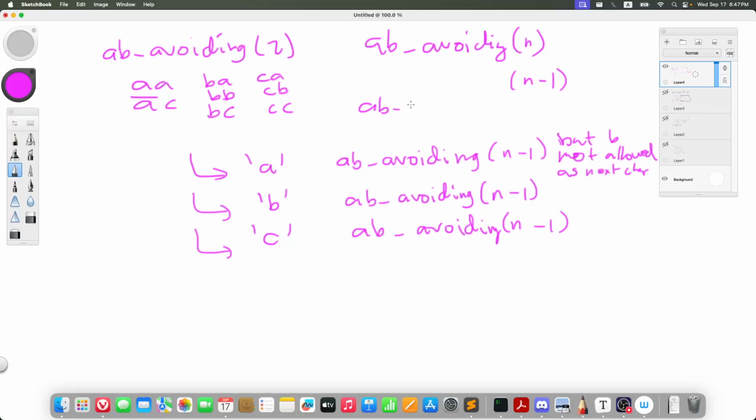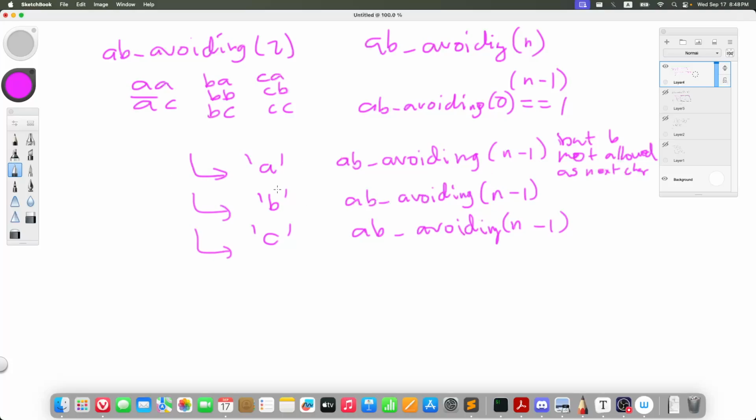An obvious base case would be AB avoiding 0, if the length of the string needs to be 0. There's only one way to do that, which is the empty string.